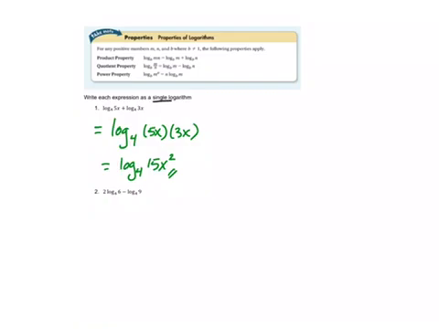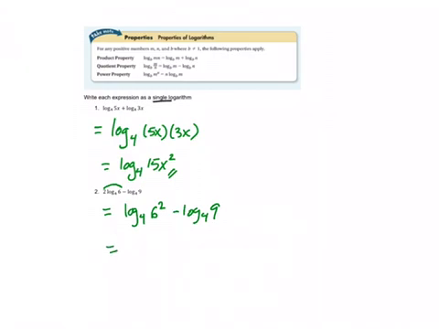Okay, so the second one, I have a couple of steps to do before I work with the subtraction. This is the same as the logarithm base 4 of 6 squared. What I'm doing is moving that exponent using the power property as an exponent of 6.